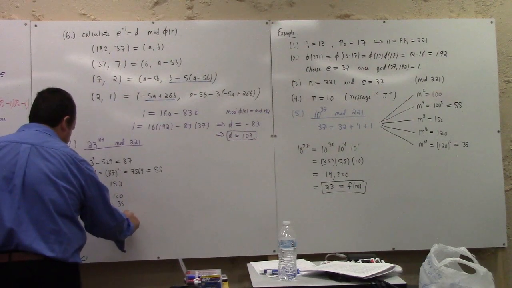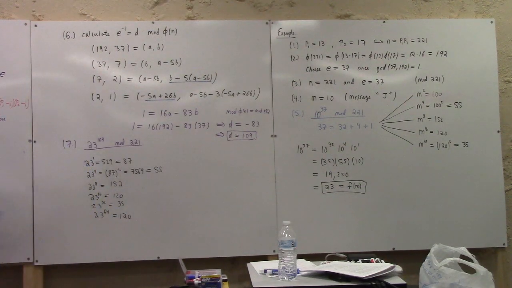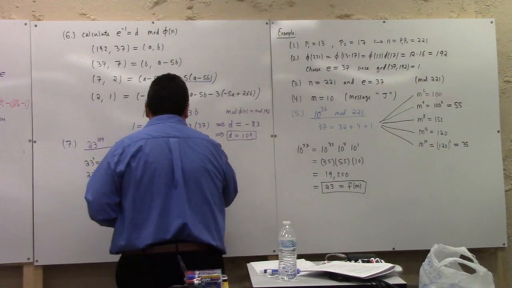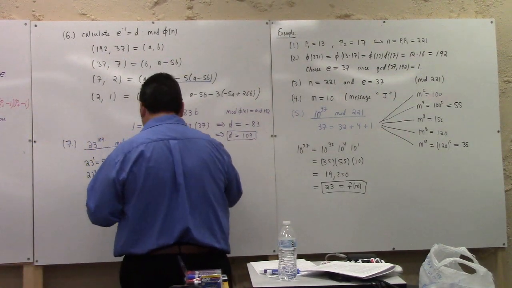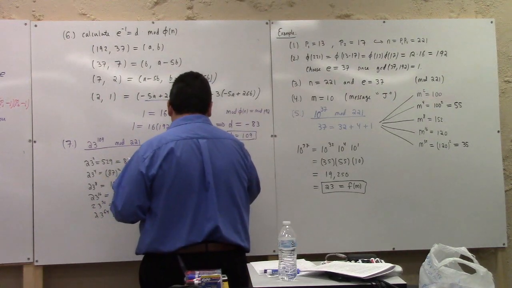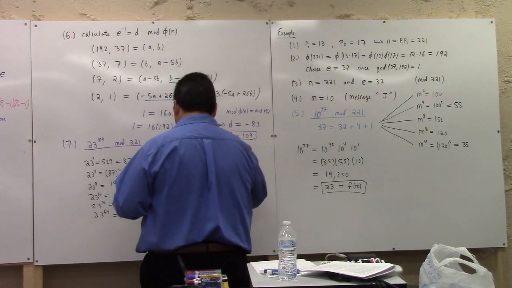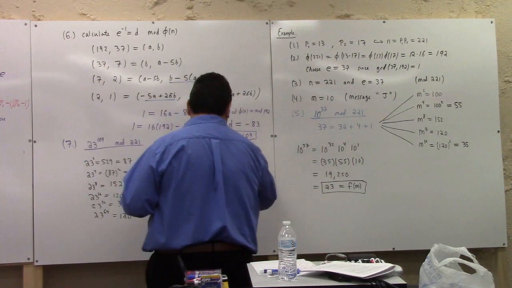All of these are done with the same bag of tricks I just showed you, the previous exponentiation song and dance. And notice that 109 is 64 plus 32 plus 8 plus 4 plus 1.